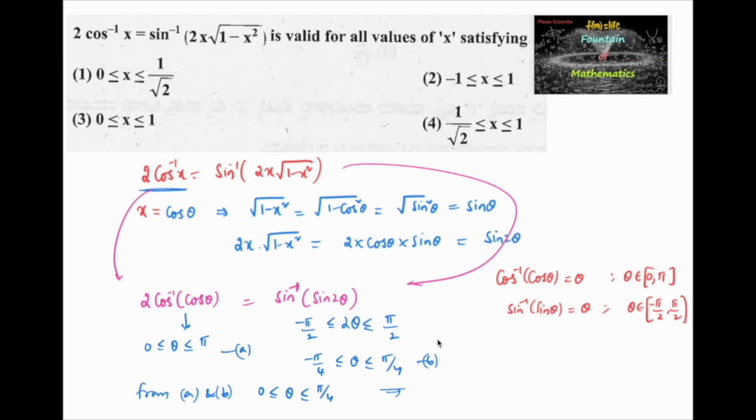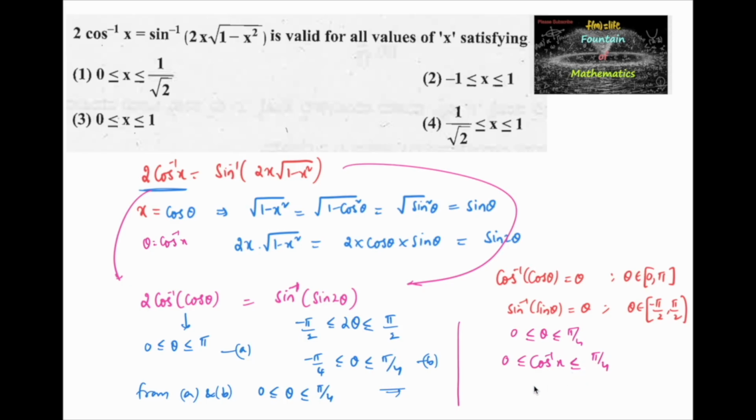And now we need to see, when x is equal to cos theta, and theta lies between 0 and pi by 4, so theta is cos inverse of x. Cos inverse x lies between 0 and pi by 4.